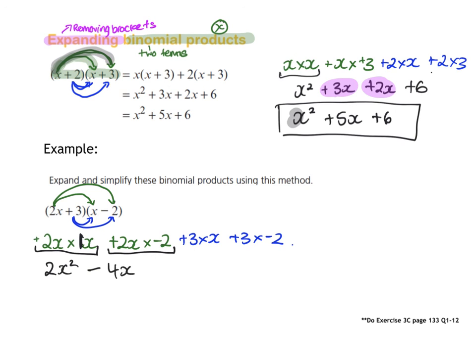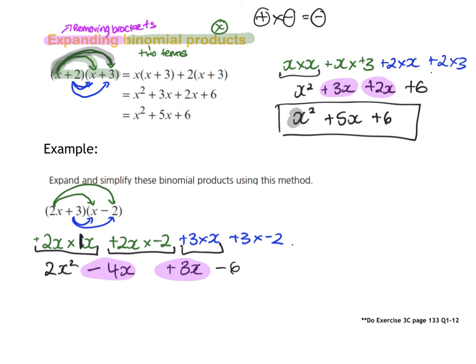And I've still got an x there. What's 3 times x? 3x. And what's positive 3 times negative 2? Remember, positive by a negative gives a negative. Good, negative 6.